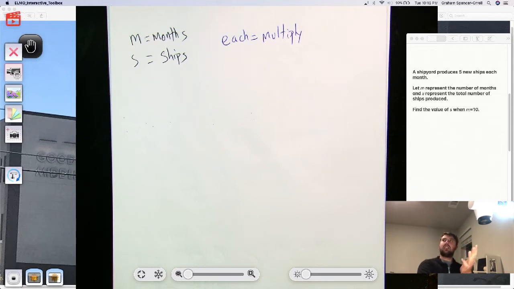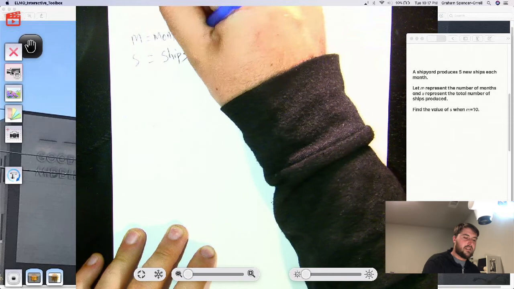And then each of these months, they build ships. So my independent variable, the one that doesn't matter about any other number, is going to be my months. Independent variable. Which means the number of ships must be our dependent variable.